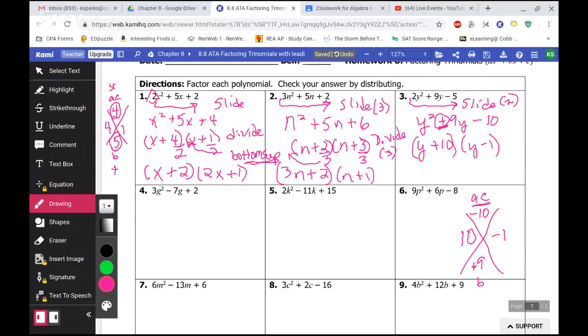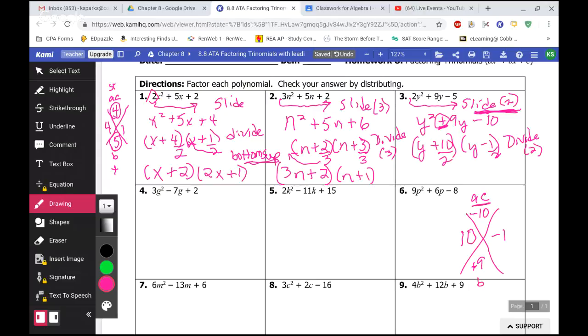So now we slid by multiplying up here a positive 2, so now we're going to divide out that 2. Whatever you multiplied in the slide step, that's what you're going to divide by in the divide step. So you divide by 2. And 10 divided by 2 comes out to be a positive 5.